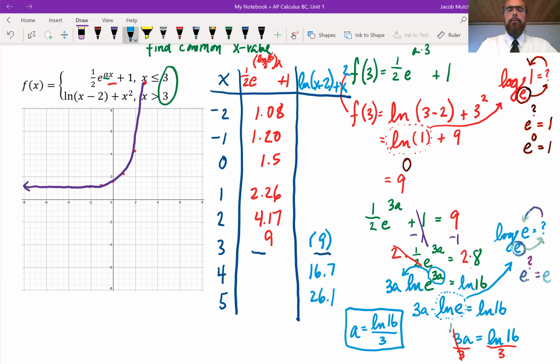Okay, the other one picks up, and I'm not going to even try to graph 4, 16. 16's up in the sky. It's enough to know that it's a very steep rise. And that does the trick. So even though we got a kind of complicated a for this one, natural log of 16 divided by 3, it works. So we've got to trust that process.